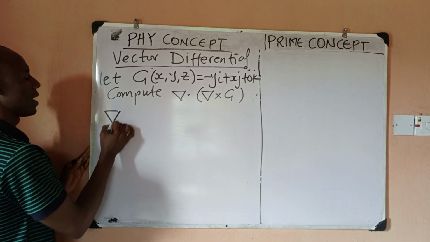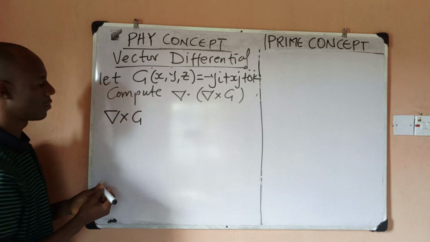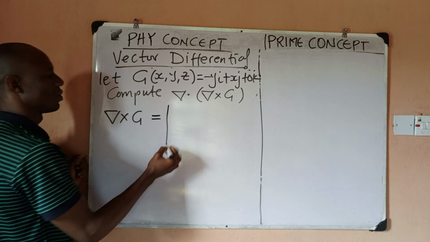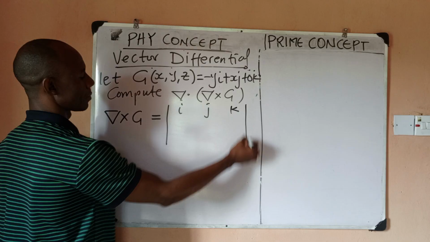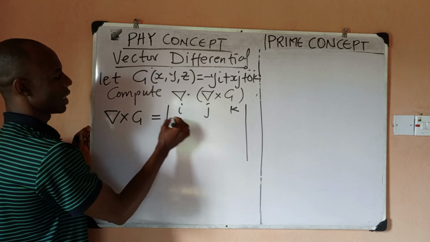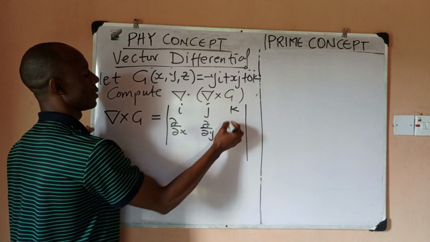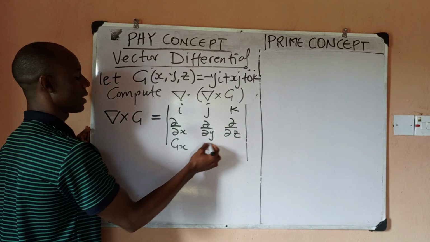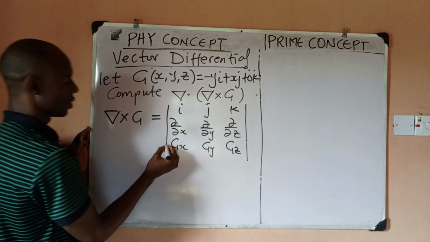First, we want to find the curl of G. When we get this, then we'll get the dot of it. So to do this, we recall that we usually use the determinant with i, j, and k. Then we use our differentials, the x, the y, the z. Then I have G of x, G of y, and then G of z. So this is what I have.